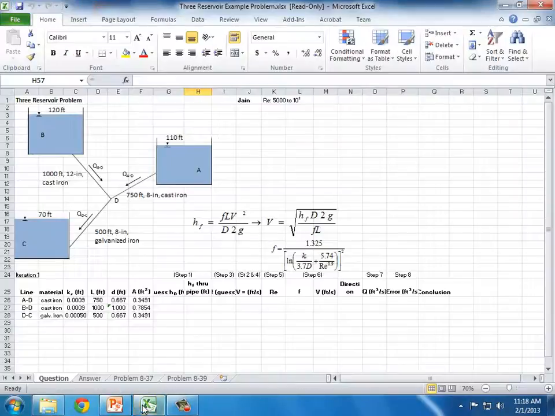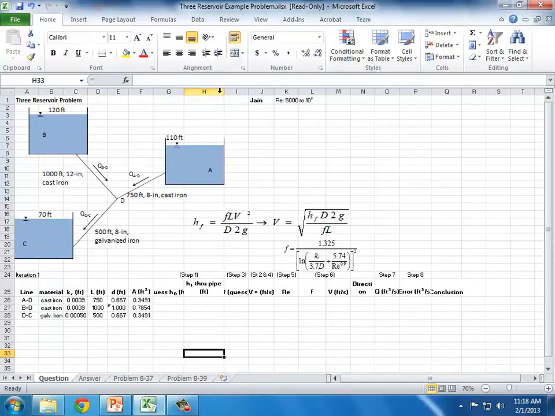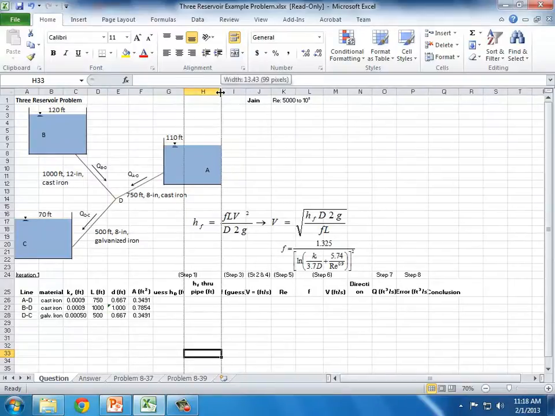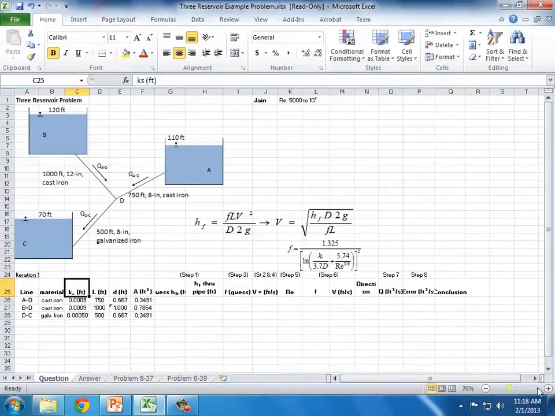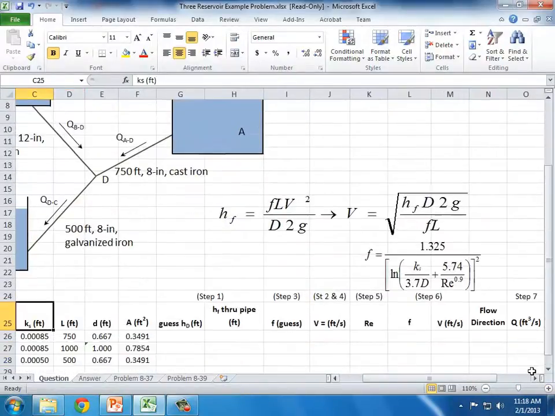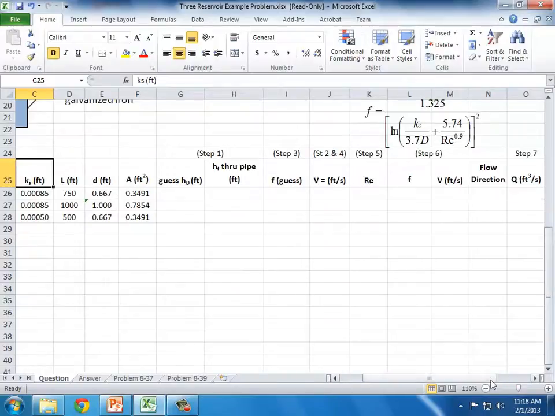All right, so start up Excel, and these are the columns that you should have in Excel. Go ahead and start typing in the columns. One is going to be naming the line, material, the K sub S. Let me make that a little bit bigger for you, these column names.